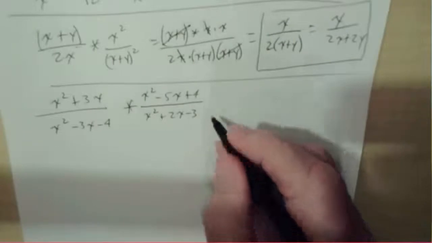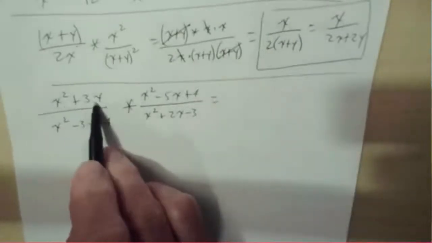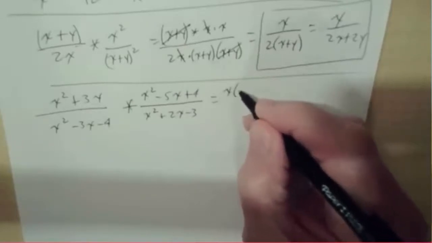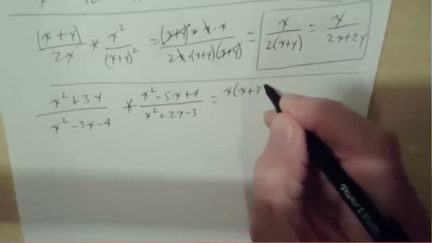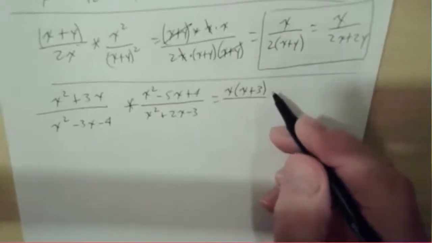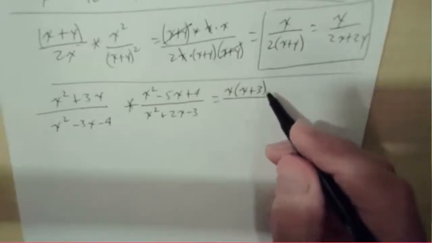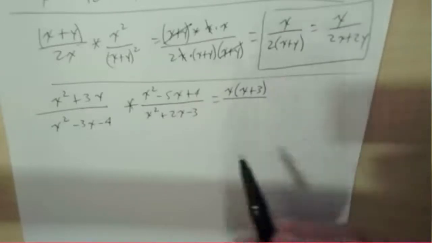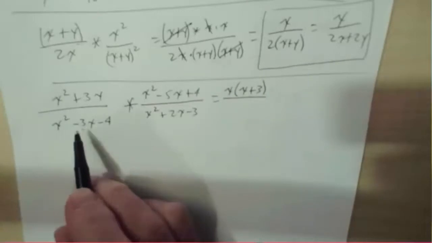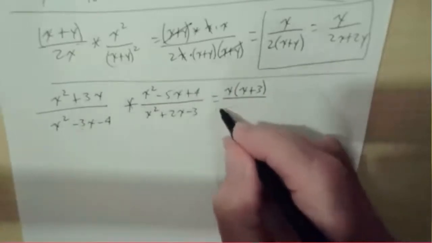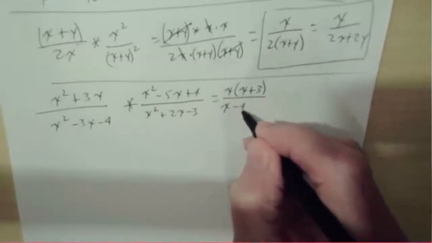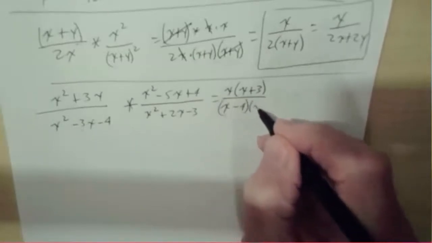So what can we factor out of this? X times x plus 3. Now, what are the factors of negative 4 that add up to this? It's going to be x minus 4 and x plus 1.